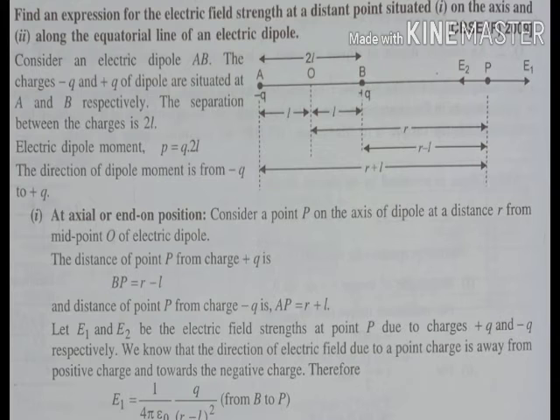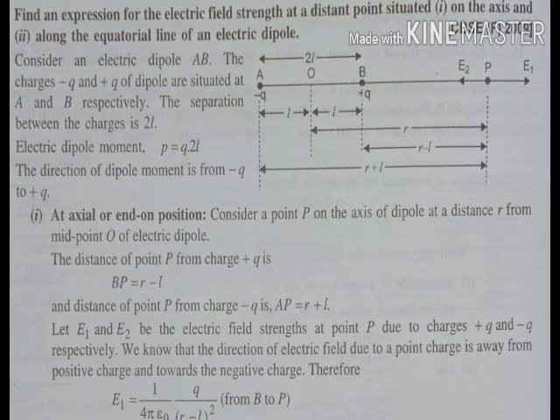The charges -Q and +Q of the dipole are situated at A and B respectively. The separation between the charges is 2L. Electric dipole moment P is equal to Q into 2L. The direction of dipole moment is from -Q to +Q.